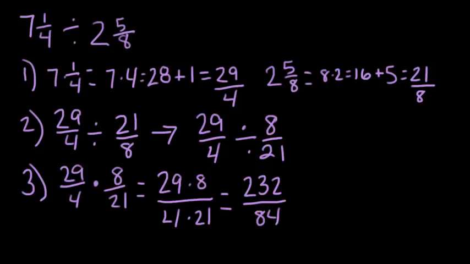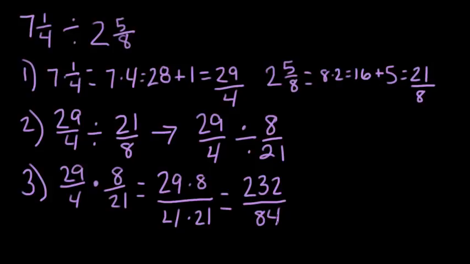So we have this number. It can be simplified. It can actually be switched back into a mixed number. To switch the number back into a mixed number, we just do the opposite of what we had to do to get it into an improper fraction.